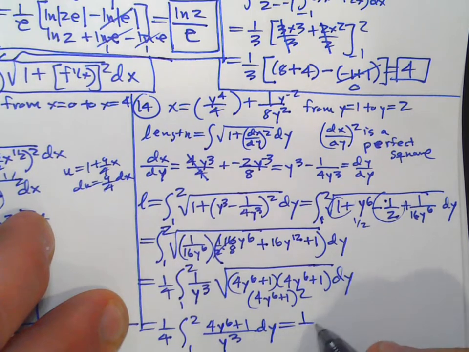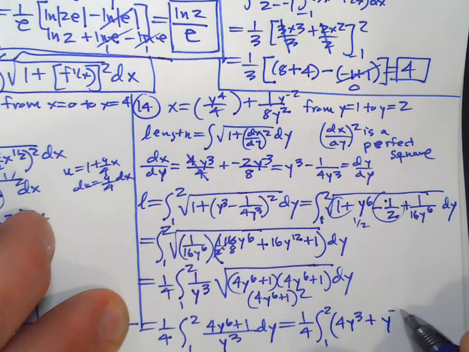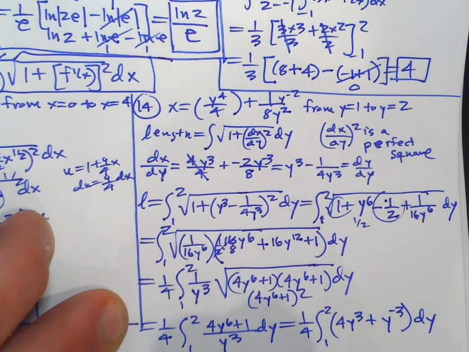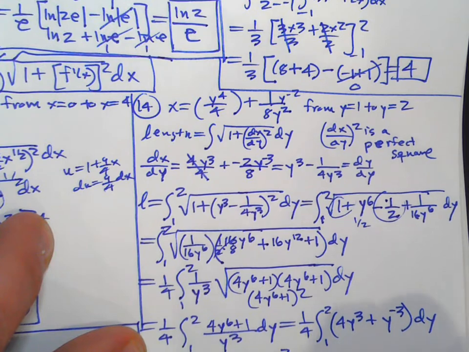So then I'm going to distribute the division, and it's going to be 4y to the 3rd plus y to the negative 3rd. So I think we can do it. Okay, we're going to get there. So 4y to the 4th divided by 4 plus y to the negative 2 divided by the new exponent, from 1 to 2.